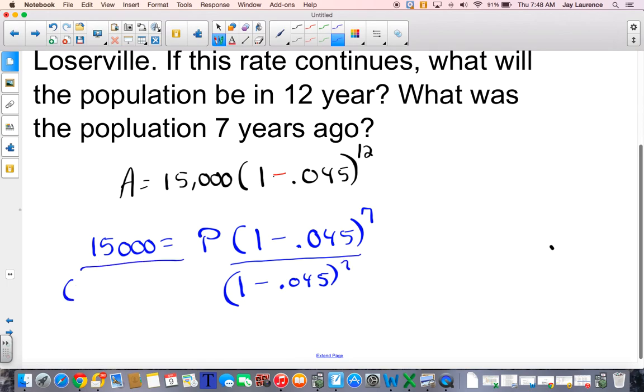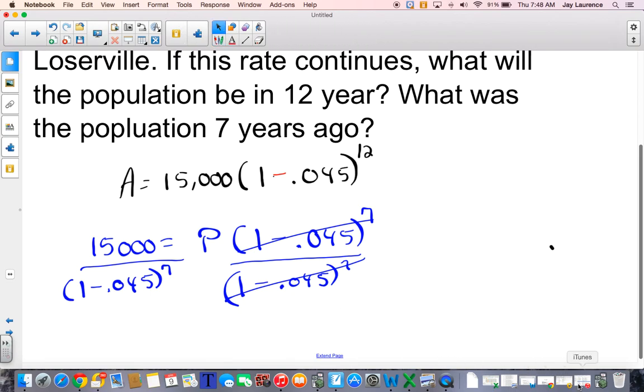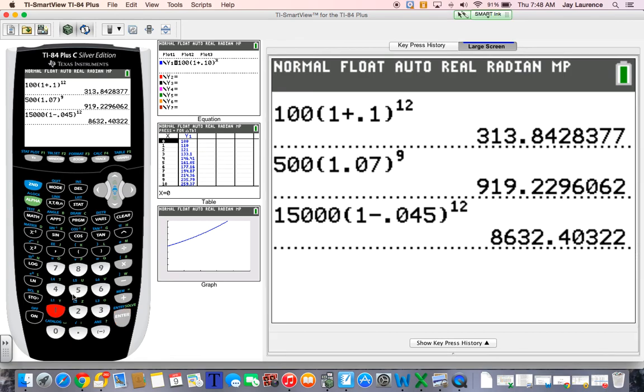I think Mrs. Clark likes to do it this way. And there's nothing wrong with doing it this way. So I'm going to divide 15,000 by this number here, because these would cancel, leaving me just with the amount, right? The principal. Okay, so let's punch that into the calculator. So I'm going to do 15,000.